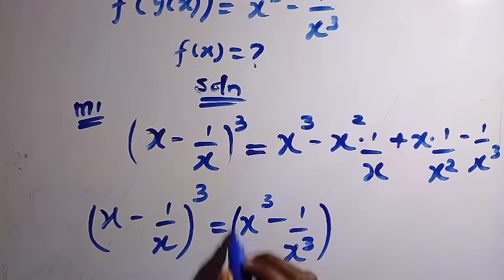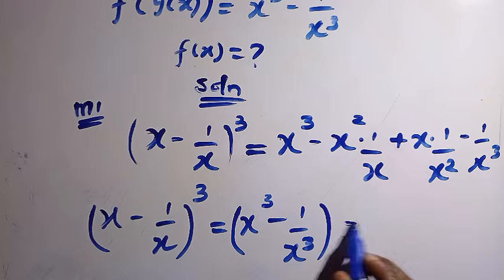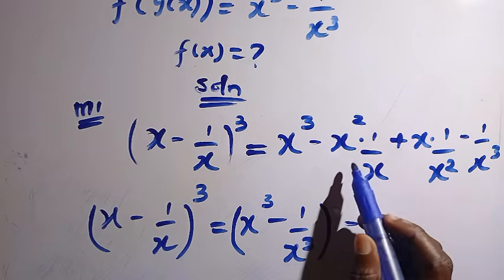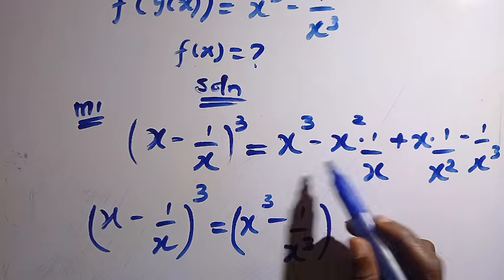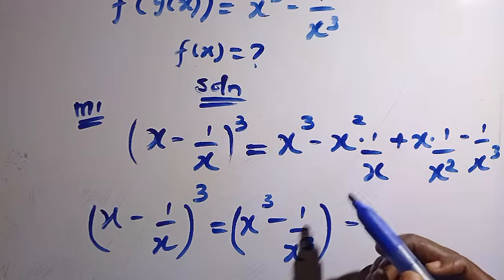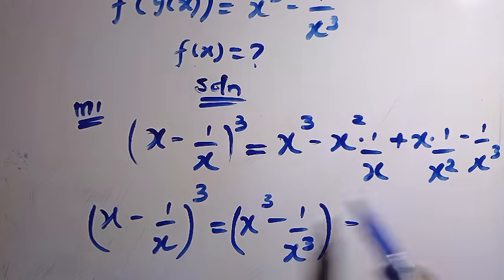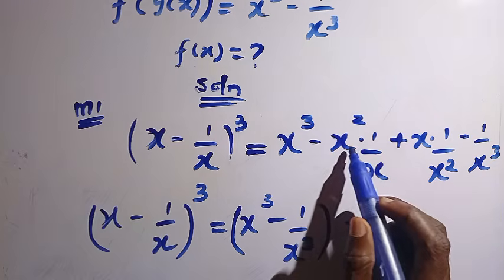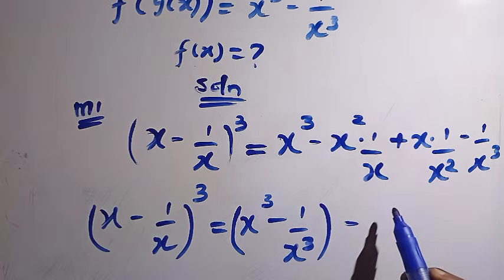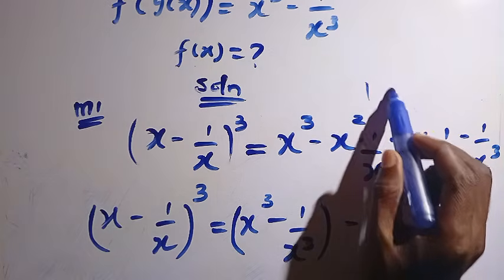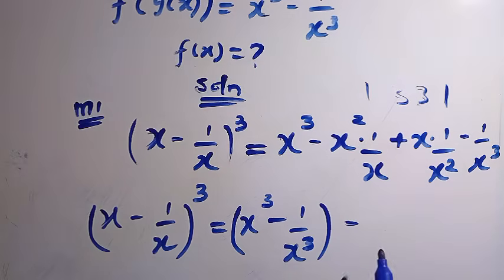Let's say I bracket this as well. Then minus, from here, this has not completed, so we have to add the coefficients. The coefficient of the first one is 1, and the coefficient of the last one is also 1. But for this, this one will be 3 and 3, following the Pascal triangle coefficients 1, 3, 3, 1.